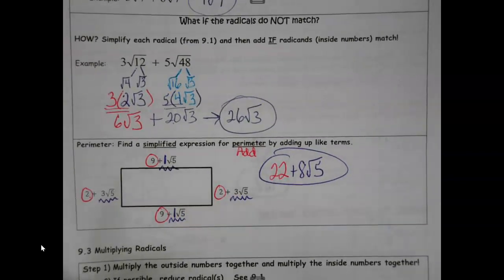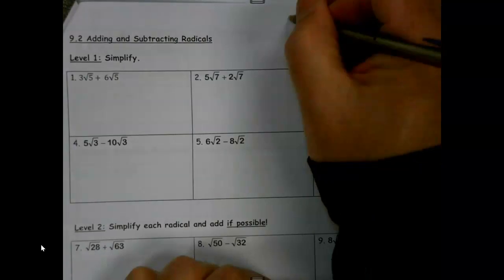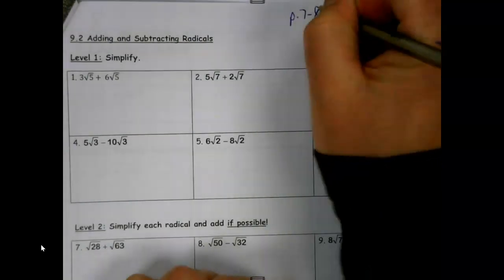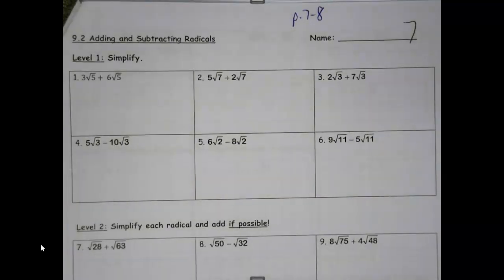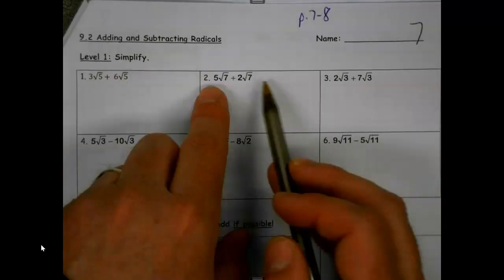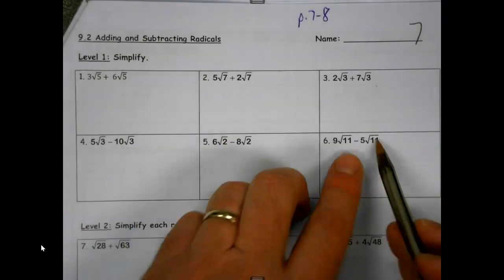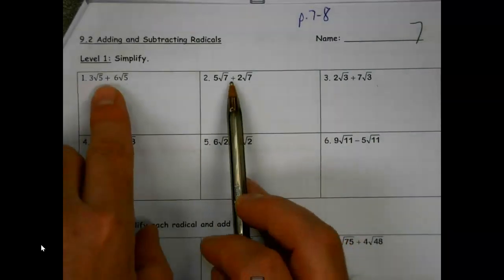We're going to be using this to help us out here. Pages 7 and 8. So, as you look through this first part, the whole first section, we're happy about this. The radicals are the same. However, do pay attention to the sign in the middle.